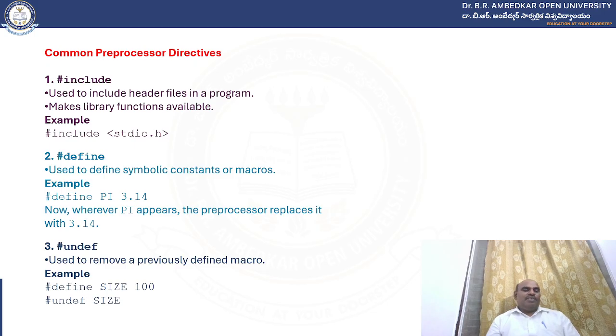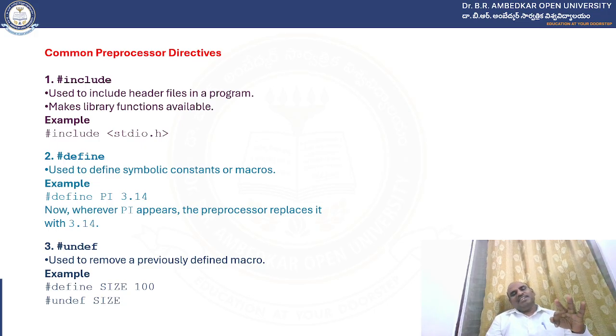For example, we define size as 100 with hash define size 100. If we want to remove this size 100, we write hash undef size, and automatically it is removed.